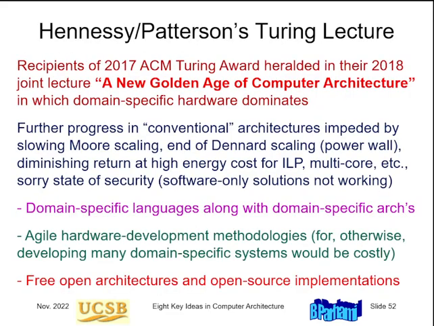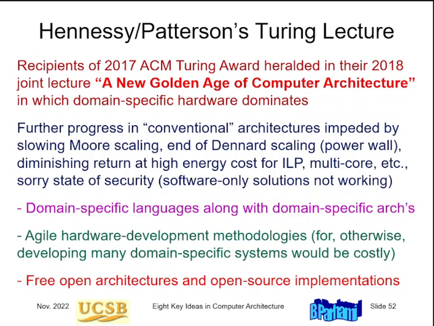So in 2017, Hennessy and Patterson, who are well-known computer architects and have a very famous computer architecture textbook, received the ACM Turing Award. And in 2018, they gave a lecture entitled A New Golden Age of Computer Architecture.